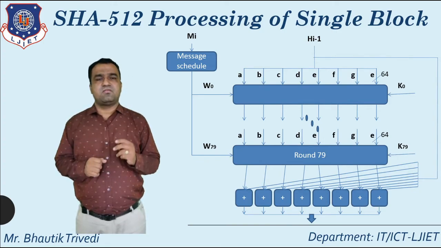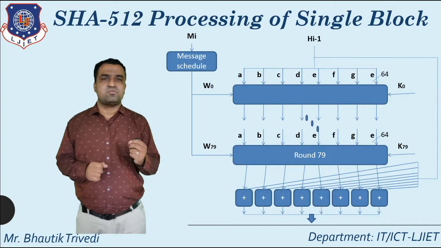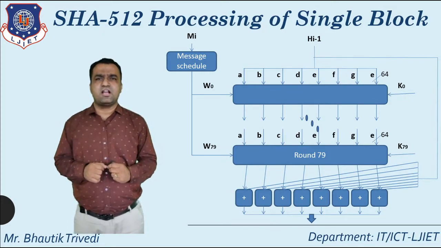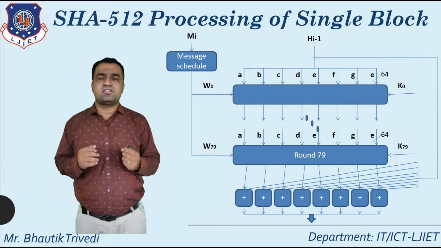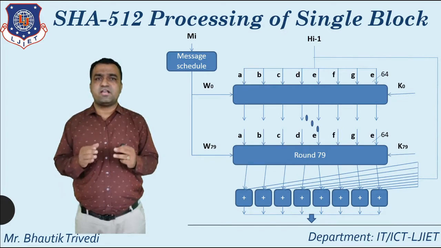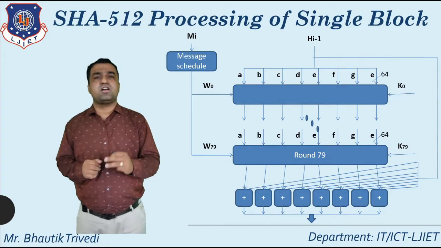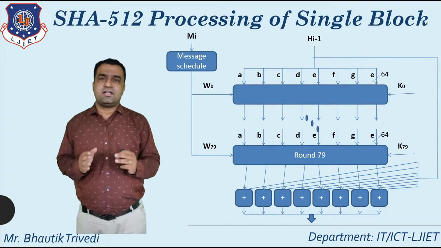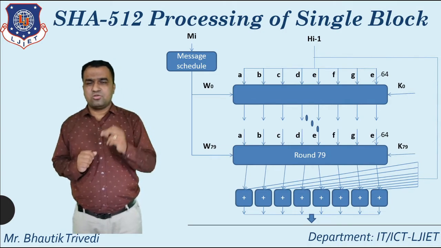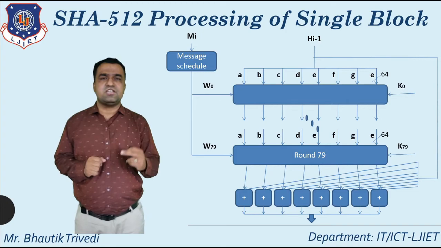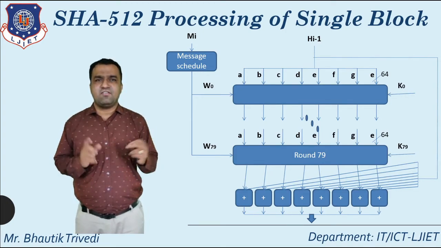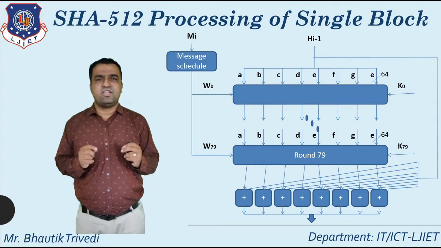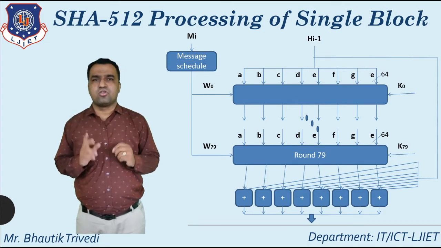After that, initializing the hash buffer. In this diagram, the hash buffer is 512 bits, meaning 8 buffers: A, B, C, D, E, F, G, H, and each supports 64 bits.